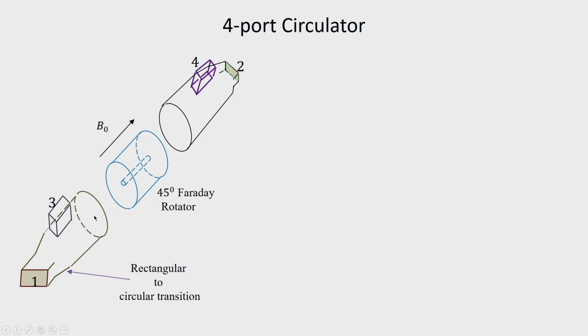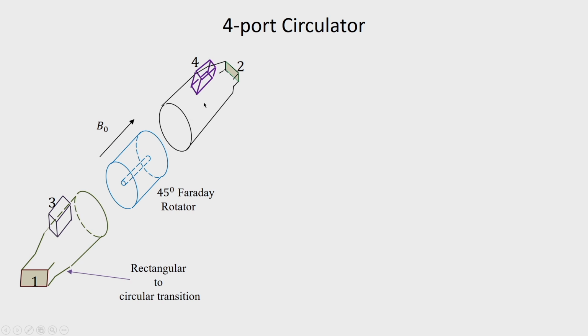Different sections are shown. So, we have a rectangular port and from this rectangular port we have a transition to a circular waveguide section. Within the circular waveguide we have a ferrite rod which provides 45° rotation and an axial magnetic field biases this ferrite.